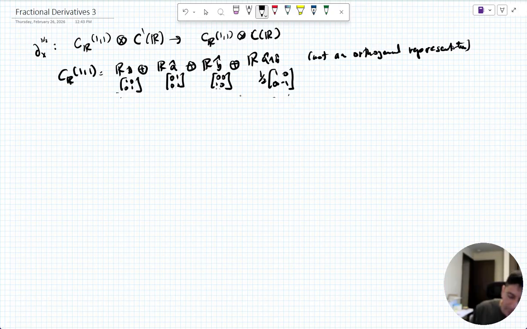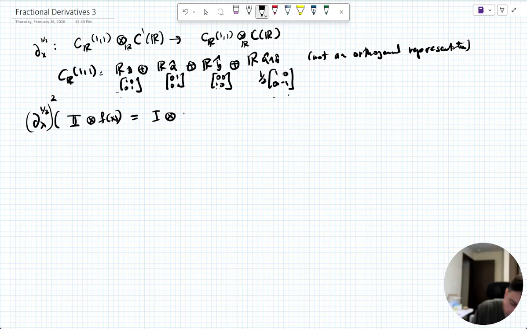So anyways, what we did is we calculated the derivative operator on a differentiable function. The differentiable function in our extension of scalar setting is going to be equal to the identity matrix tensor the function itself. Now, if I apply the derivative operator twice, I get the identity matrix tensor the derivative of the function itself.